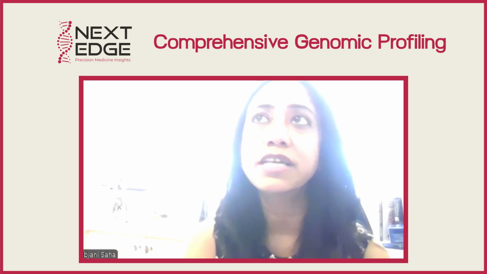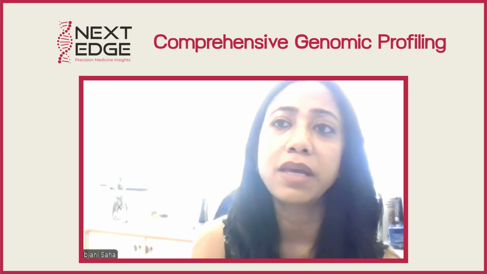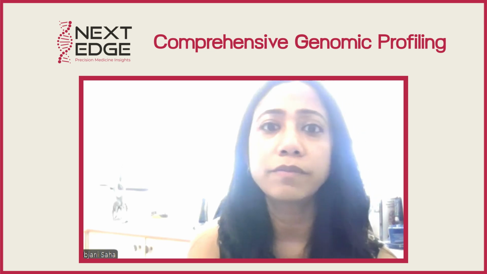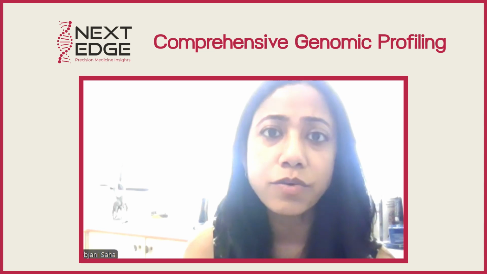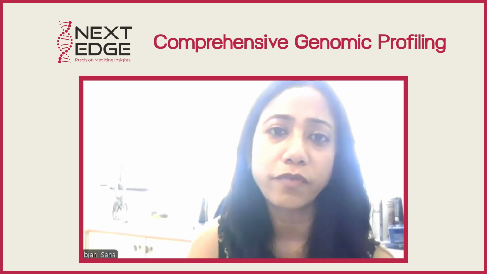But even for patients, there should be easy to understand collaterals, which may be taken out by either the healthcare providers or technology providers, which can help them understand what a comprehensive genomic profiling test would mean for them, right?